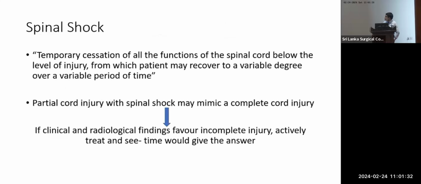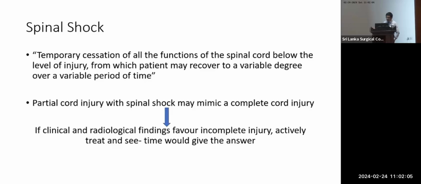Okay. Spinal shock is temporary cessation of all the functions of the spinal cord below the level of injury, from which the patient may recover to a variable degree over a variable period of time. By definition, it is temporary. And remember, it's all the functions of the spinal cord.